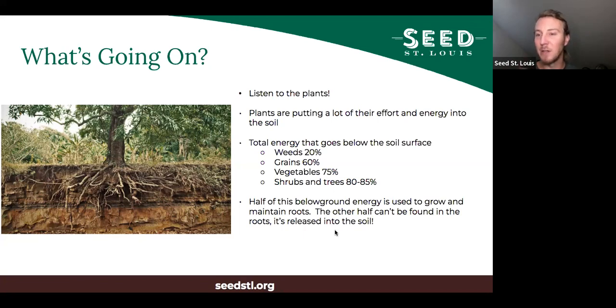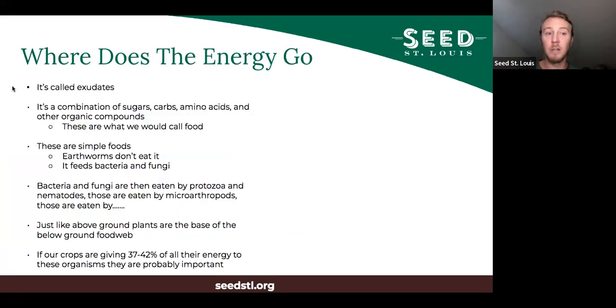Those carbohydrates, sugars, lipids, amino acids, that's food. Those things are not going to feed rocks. They're going to feed living organisms. Those are called exudates, and they're simple foods as well.